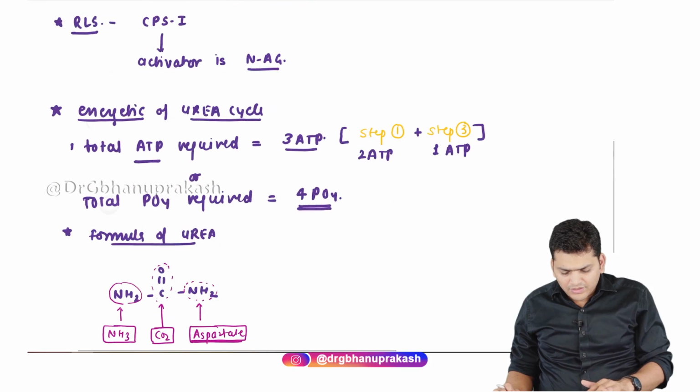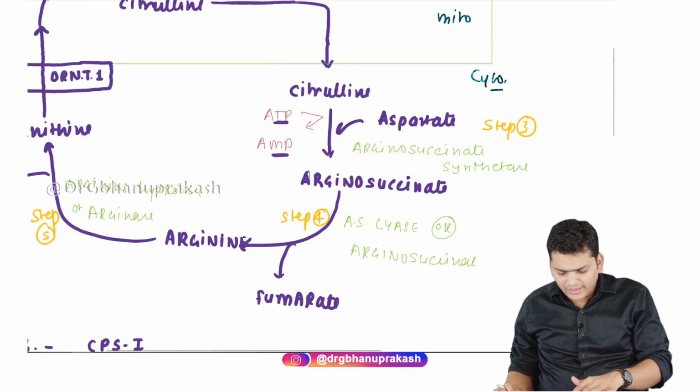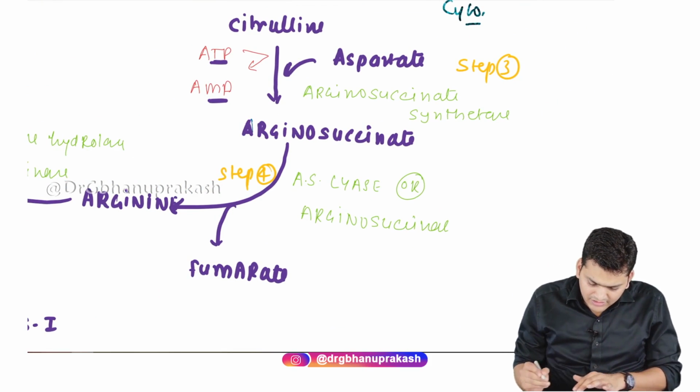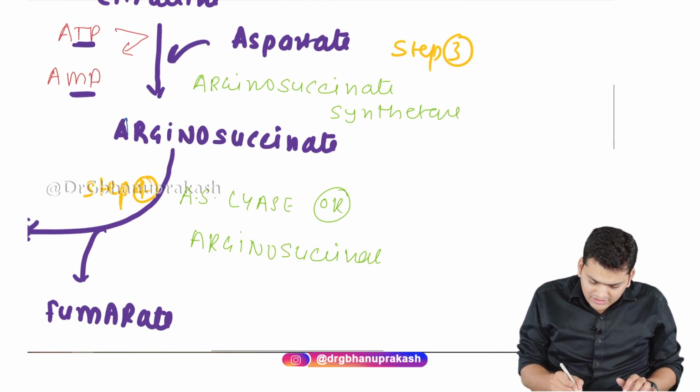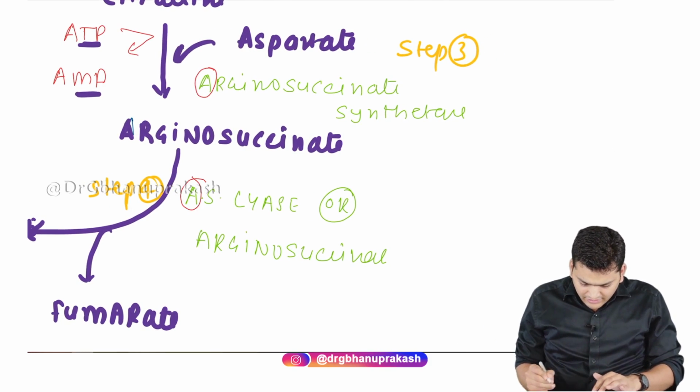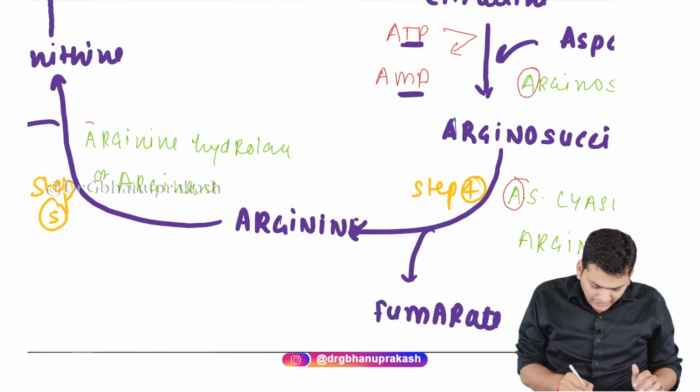So if you observe the cytoplasmic enzymes, just scrolling up the data, step number 3, the cytoplasmic enzyme is arginosuccinate synthetase, then arginosuccinate ligase, then step number 5 is arginine hydrolase.